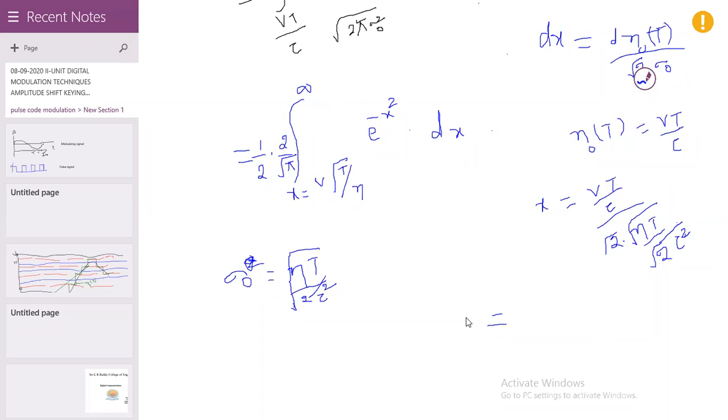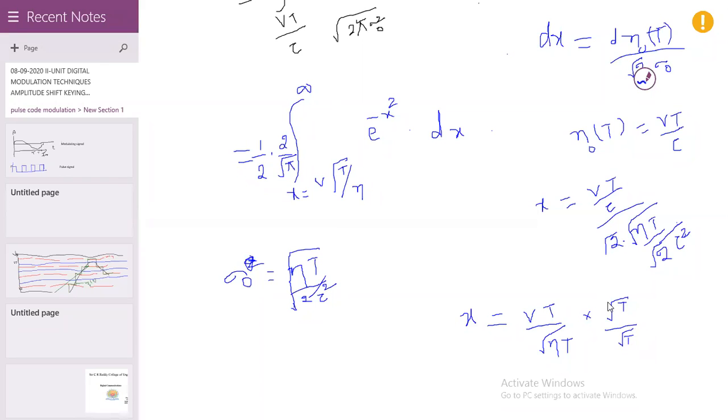Solve further, and here you get x is equal to v t by root of eta t. Here root t by root t.